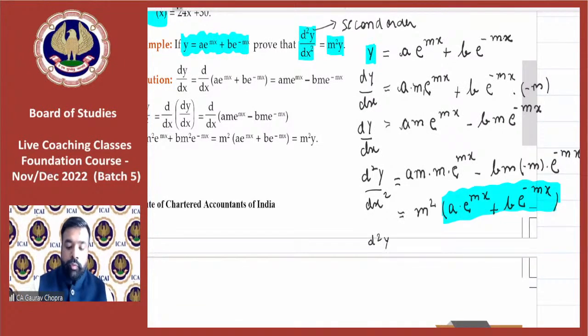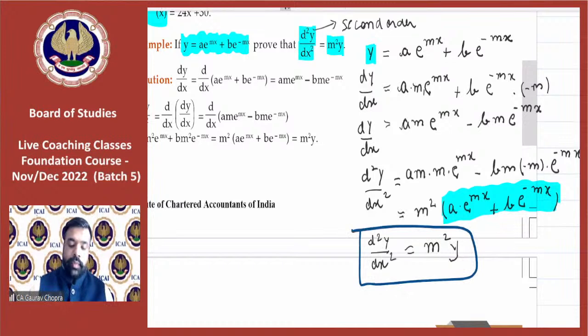So d2y by dx square is equal to m square y. So this is the value of the second order derivative. This was the requirement of the question, and we have calculated the second order derivative.